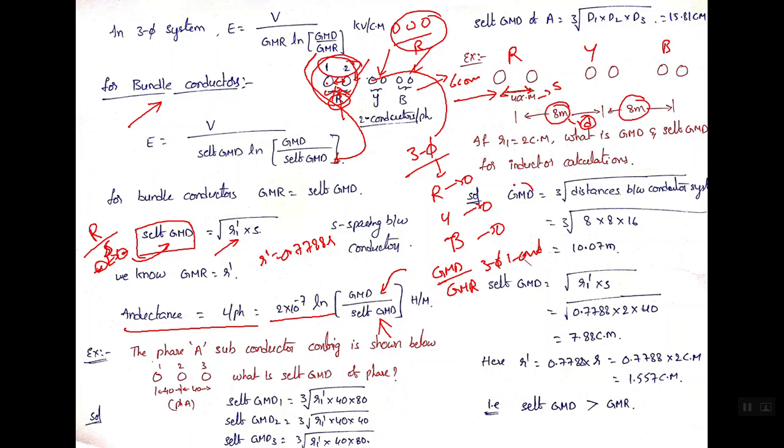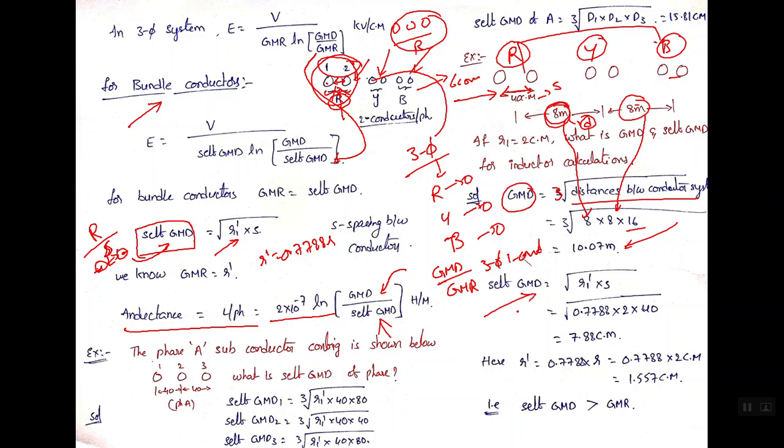You know that GMD is nothing but, if we have 3 conductors, the cube root of the distances between the phases. We have 8 meters. From these two, R and B, that is 8 plus 8, that is 16. So we will get the GMD.